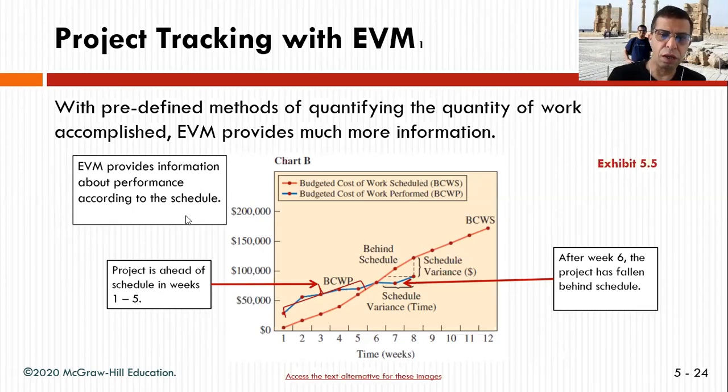So here you've got a budget cost of work scheduled, which is BCWS, and then you get the budget cost of work performed, done. And then you do a unit and you put a pricing on it. And then you see the EMV project confirmation of the performance according to the schedule.